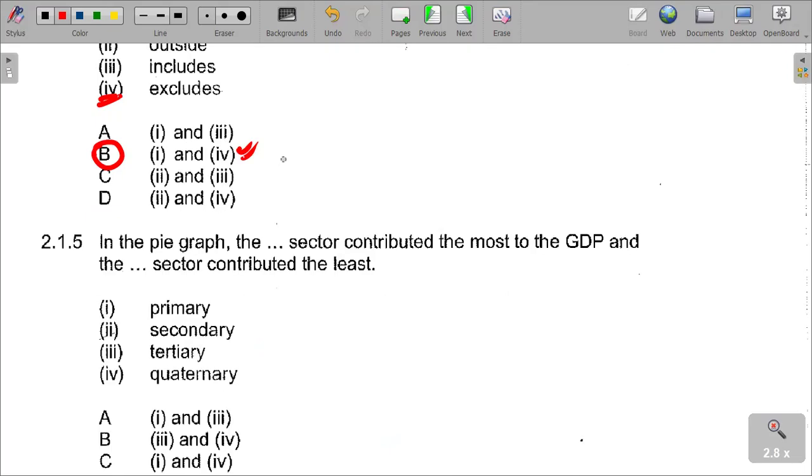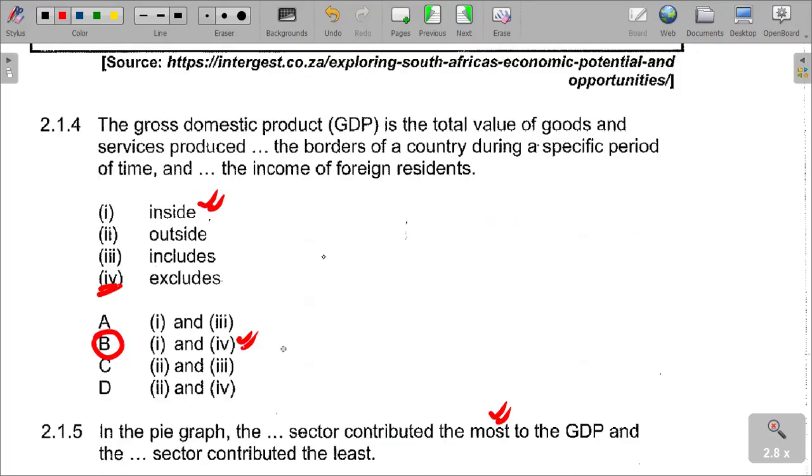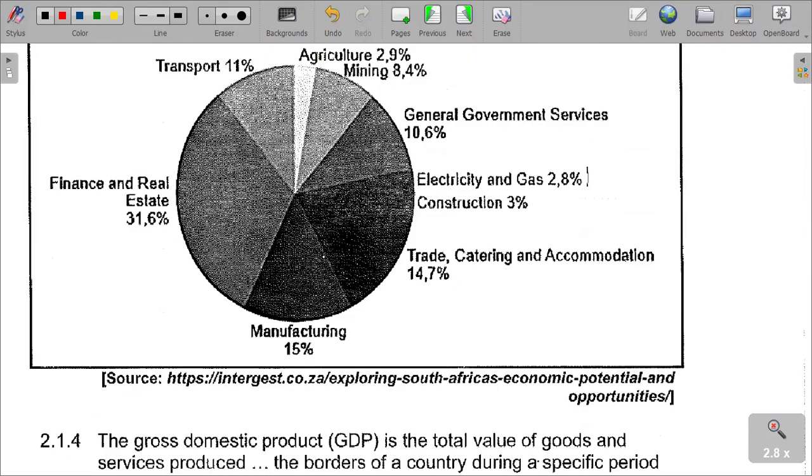So in the pie graph, one sector contributed the most to the GDP and another contributed the least. In this case, we are just looking at which sector contributed the most and which contributed the least. You look at the percentages, the one with the highest percentage versus the one with the least.